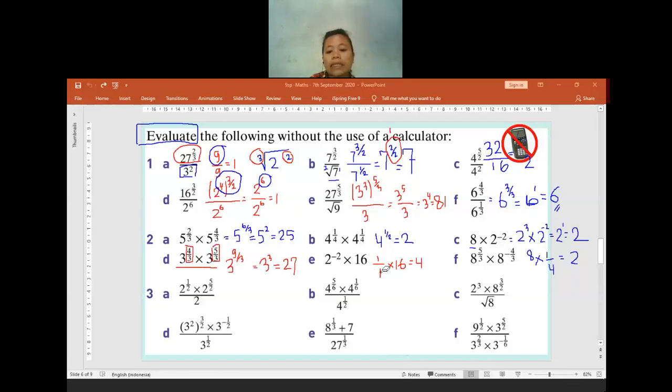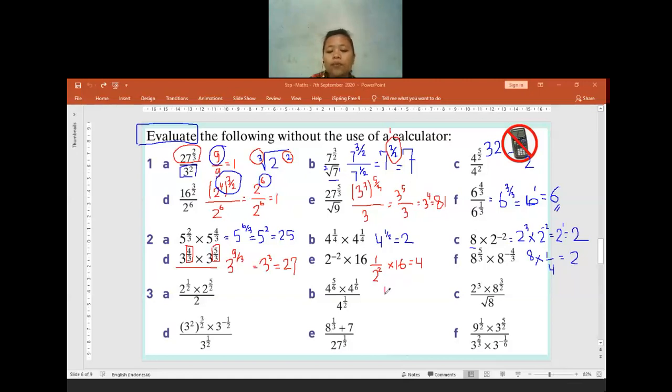Later, please kindly check all the previous PowerPoint that I already shared through Google Classroom, because I already wrote all of the laws. In here, we have 2 to the power of negative 2. When it is negative, you can move it into the denominator, but the negative will be gone. So for 2 to the power of negative 2, we can change it into 1 per 2 to the power of 2. After that, 2 to the power of 2, you know it is equal to 4.